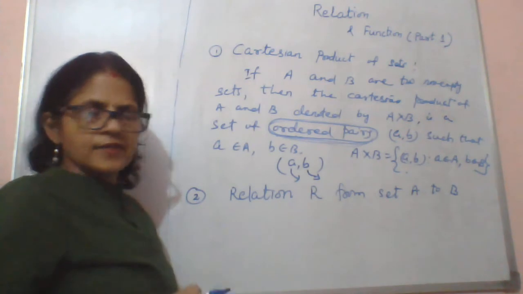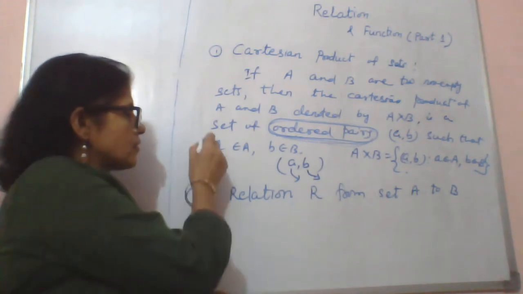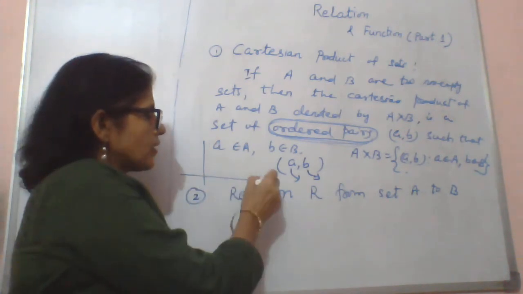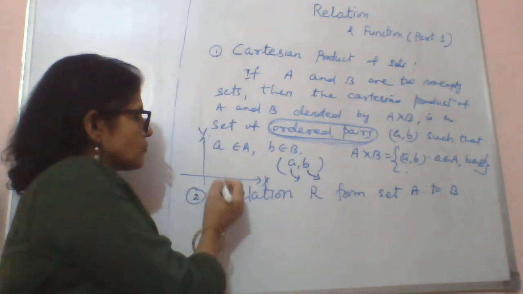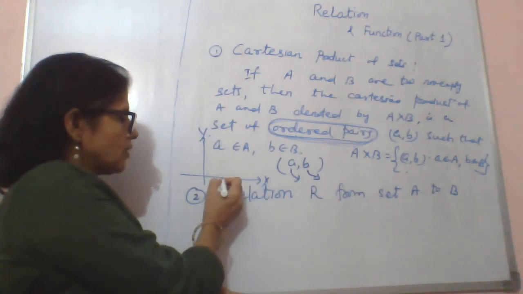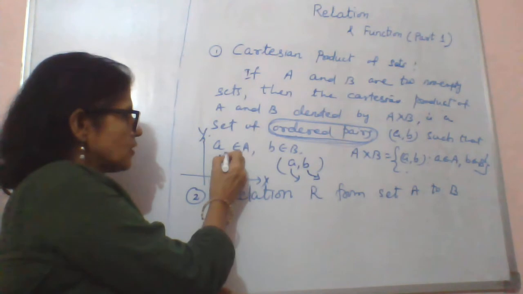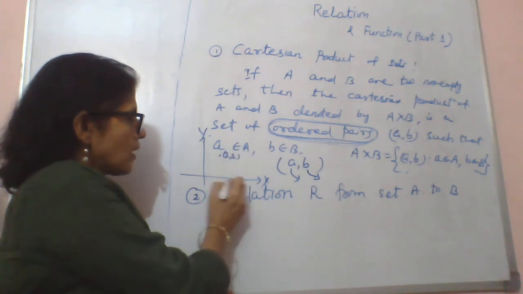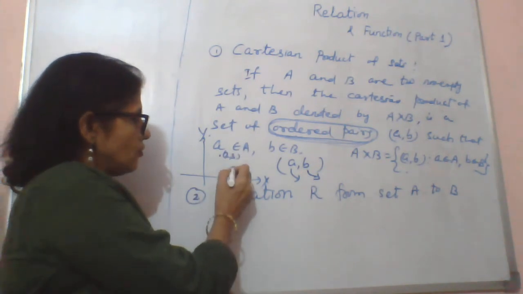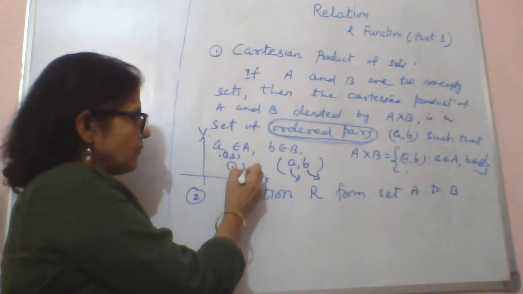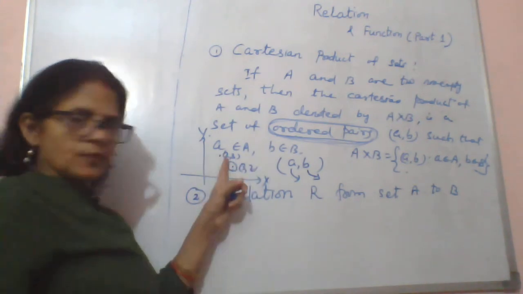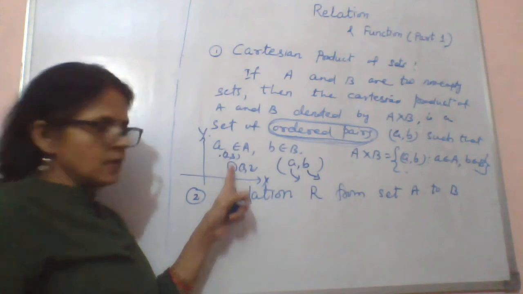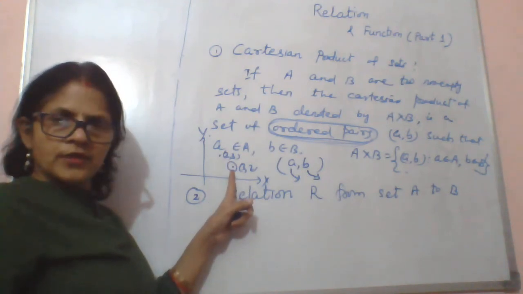Okay. For example, whenever you plot a point in the coordinate plane, if I write here (2, 3), this point (2, 3), and if I write (3, 2), then (3, 2) will be here. It means the point (2, 3) in the plane is not the same as the point (3, 2).